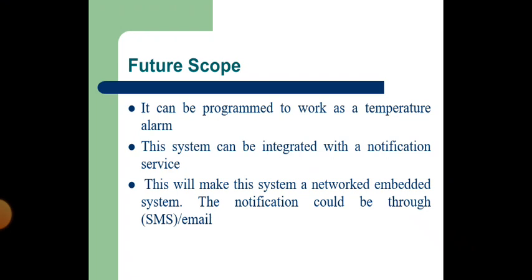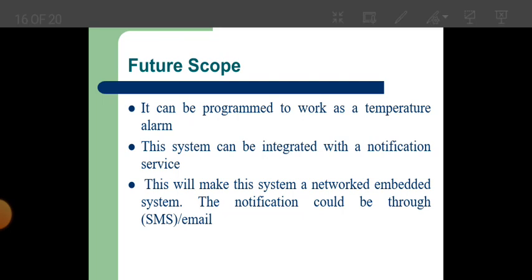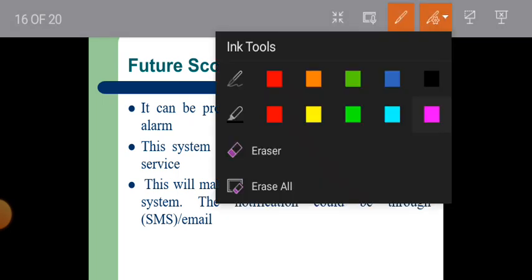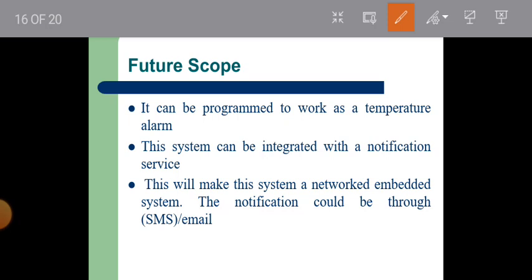When you look at such a microprocessor, it can give you a future scope of what it could do. For example, it can be programmed to work as a temperature alarm. Let's say you go into a country where the world is suffering from climate change. Yes, the world is suffering from climate change.